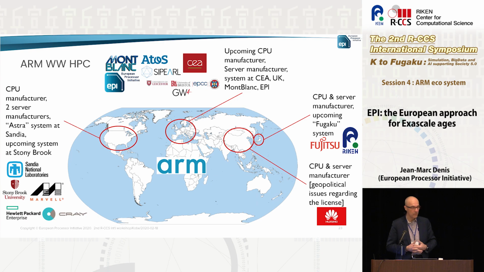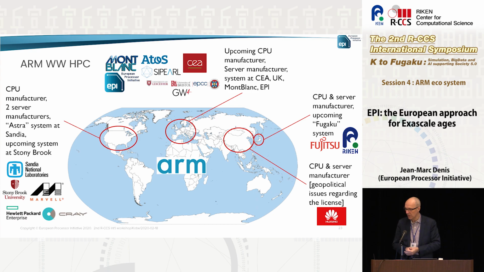So in terms of ecosystems, we are very, very confident, because working with ARM opens a very large ecosystem. I'm focusing on the HPC ecosystem, with the Japanese ecosystem and the European ecosystem, which is very rich and very large, and we started long ago to work with ARM in Europe, with the Mont-Blanc projects, and in the US, with Sandia driving the effort.